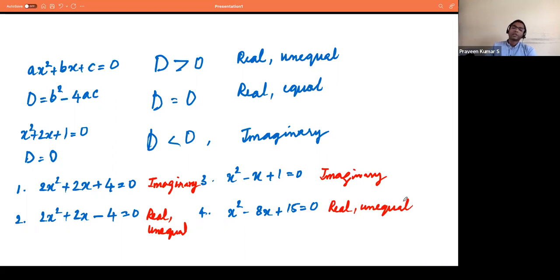So similarly, given any scenario, you can always find out whether your equation has real roots or imaginary roots. You should be able to predict all of it.